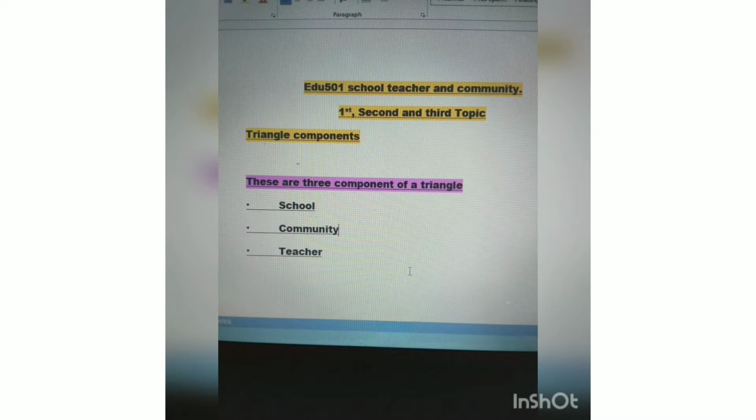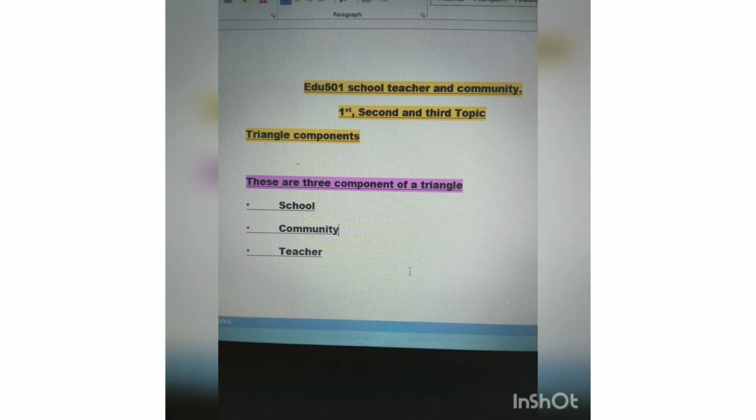Now we will study the relationship among school, teacher, and community. Actually, if schools and teachers work but the community does not exist, the triangle does not stand.